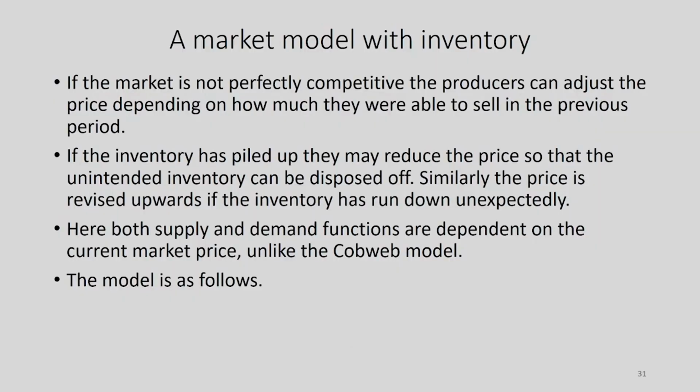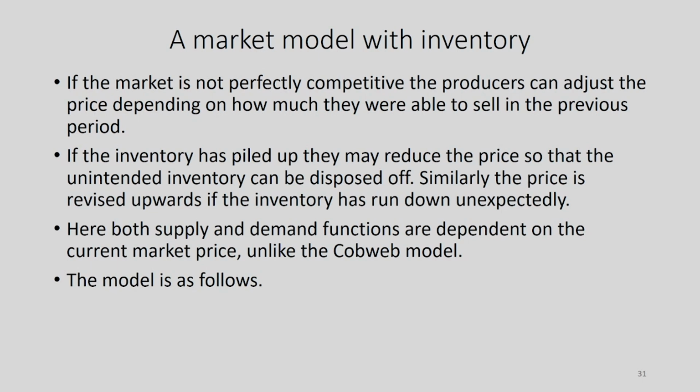Now, this is the model that I introduced in the last lecture, a market model with inventory. So, here there is a demand side and there is a supply side like in the cobweb model. However, unlike the cobweb model, we are not assuming that the market clears in every period.